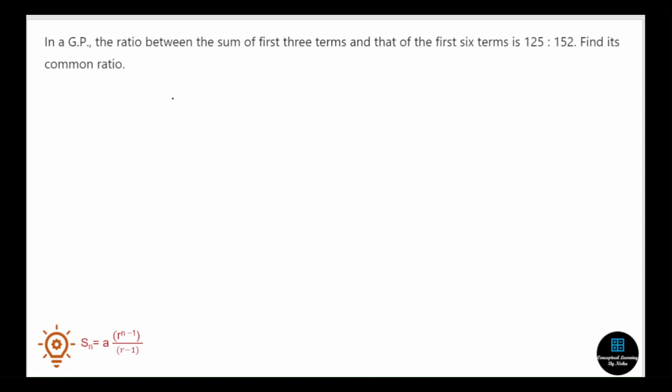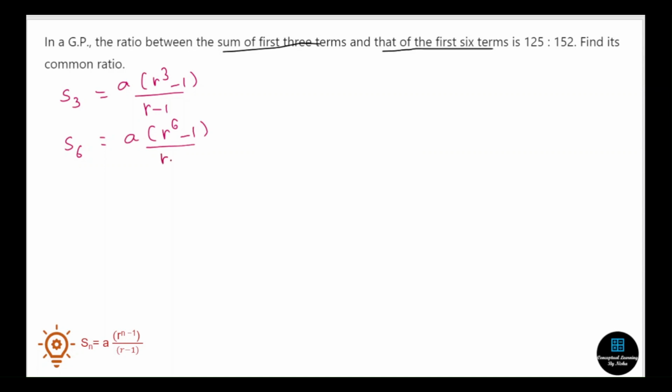Now, in this question, the ratio between the sum of the first 3 terms and the first 6 terms is given. And we have to find the common ratio. So, the sum of the first 3 terms is equal to a into r raised to 3 minus 1 upon r minus 1, and the first 6 terms, S6, equals a into r to the power 6 minus 1 upon r minus 1. And now the ratio of these two is given.